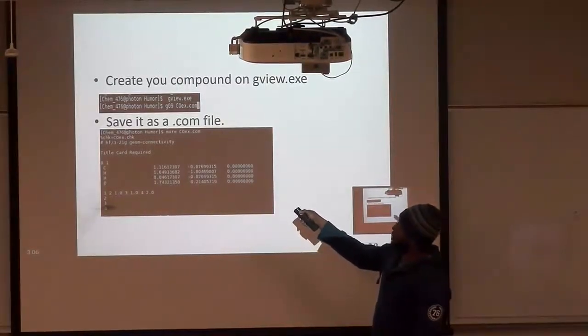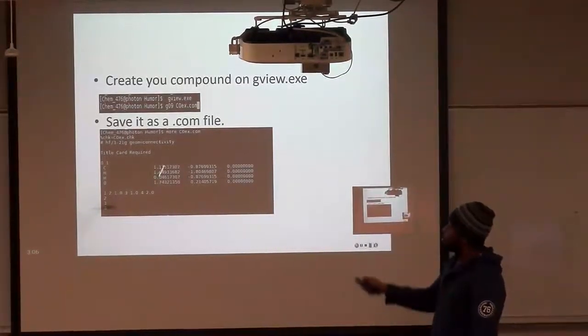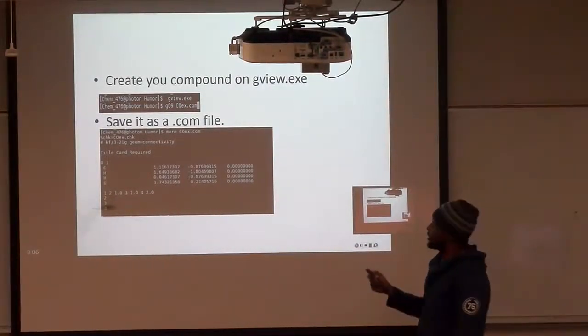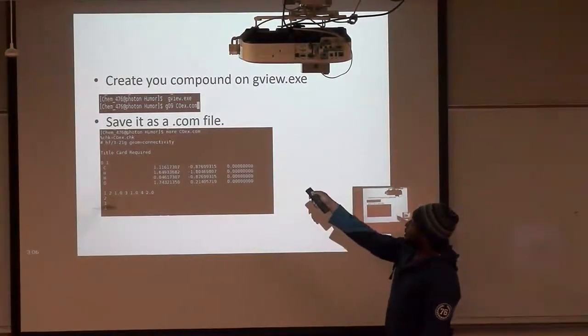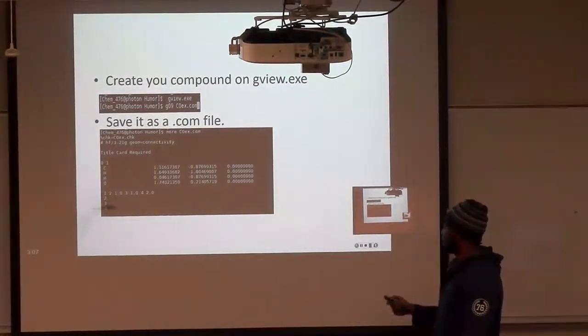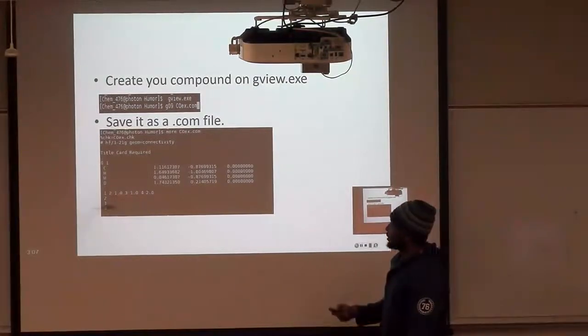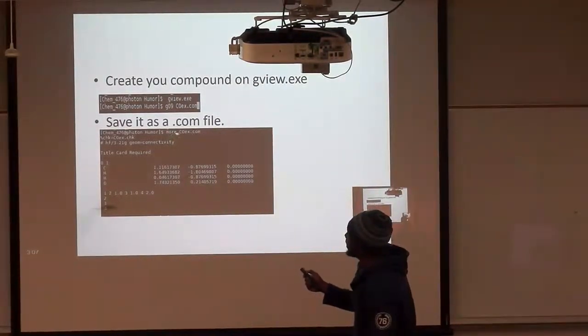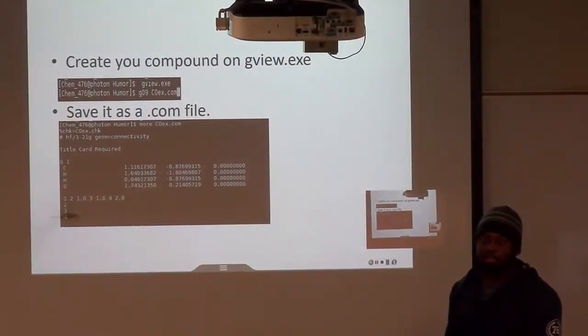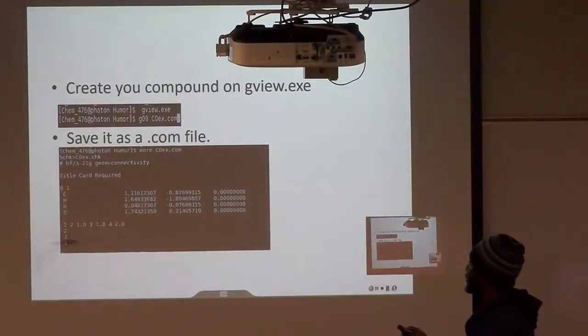You use the Gaussian 09 function on your compound, and in my situation, I named my compound coex.com. You also save it as a .com file from GaussView, and then you type more just to see what you've created in your file. It shows you the Cartesian coordinates so far, because you haven't really done much on it.